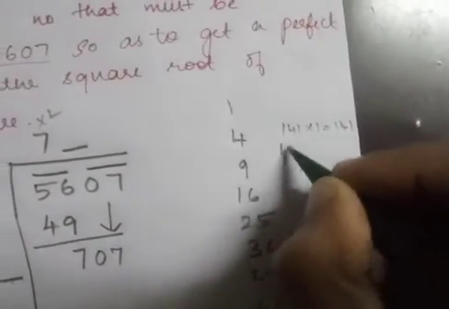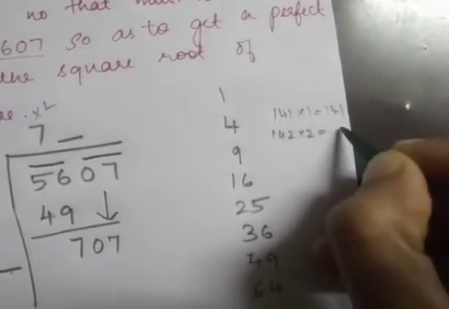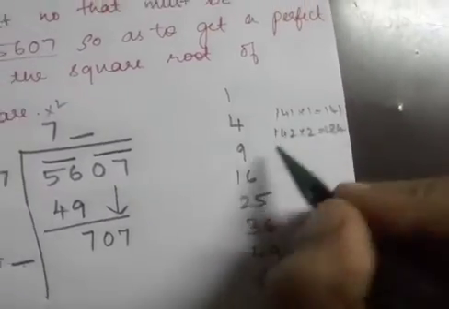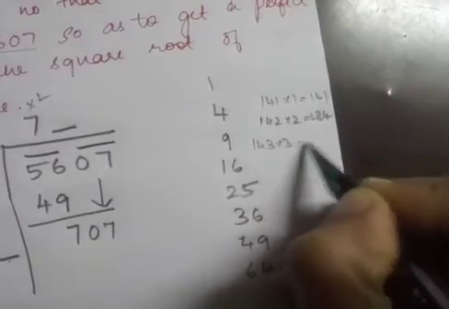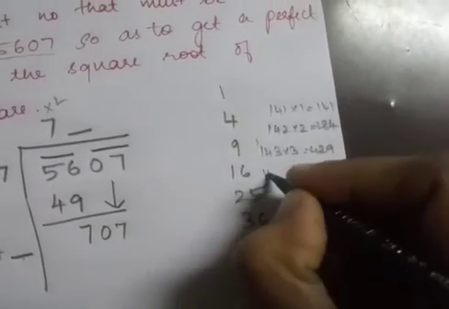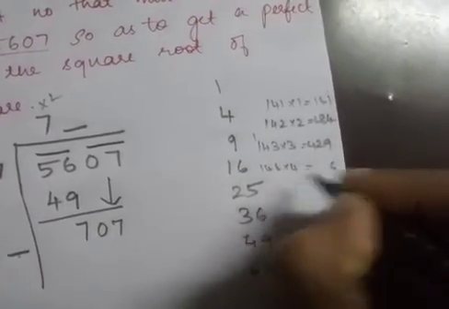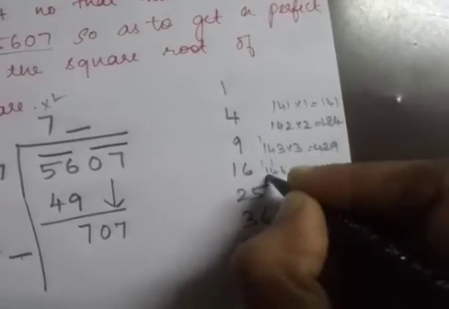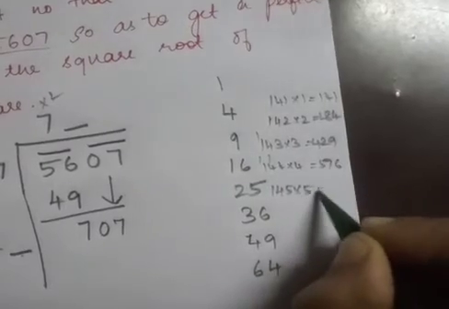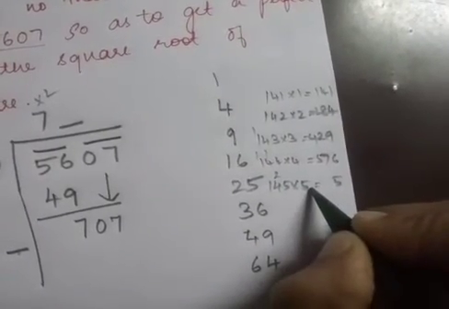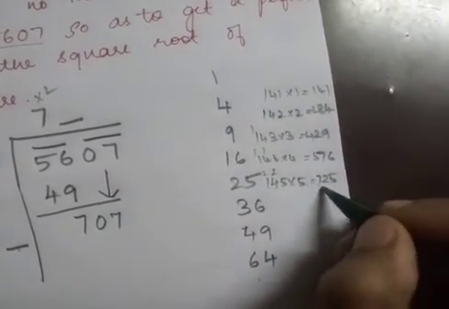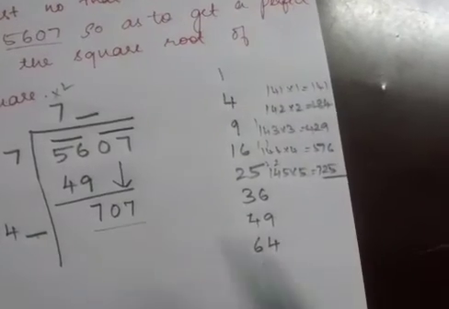Yes. 142 into 2. 2 2s are 4, 4 2s are 8, 2 1s are 2. 284. 143 into 3. 3 3s are 9, 4 3s are 12. 429. 144 into 4. 4 4s are 16, 4 4s are 16, 17. 576. 145 into 5. 5 5s are 25, 5 4s are 20, 22. 725. Yes, 725 is coming, which is greater than 707.